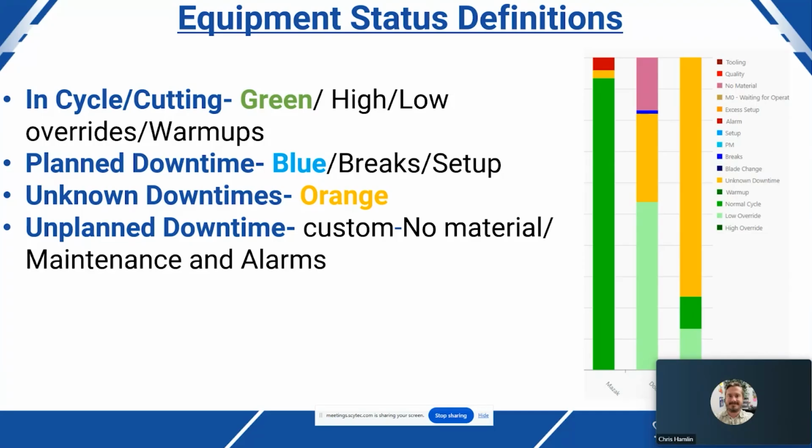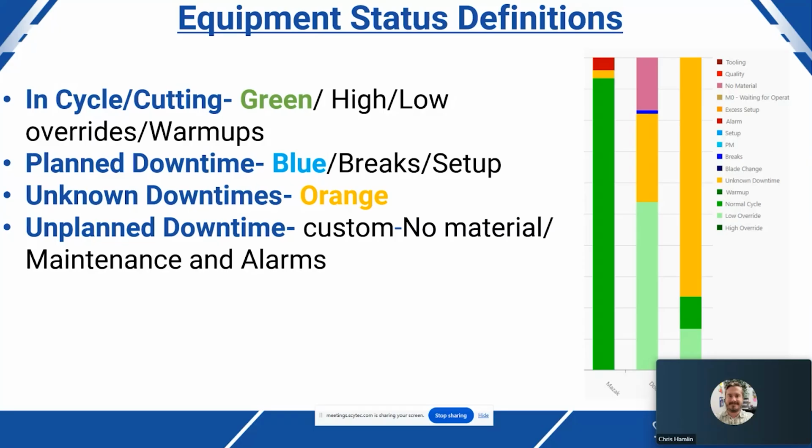So when something is in cycle or cutting, it's usually in a shade of green, and that can also be things such as low and high overrides as well as warm-ups. Planned downtimes are going to be in shades of blue, which also include things like breaks and setups. Anything that is considered an unknown downtime is going to be in a shade of orange, which if you look over there on that right-hand side, that screenshot, the far right column has showed nothing but unknown downtime.